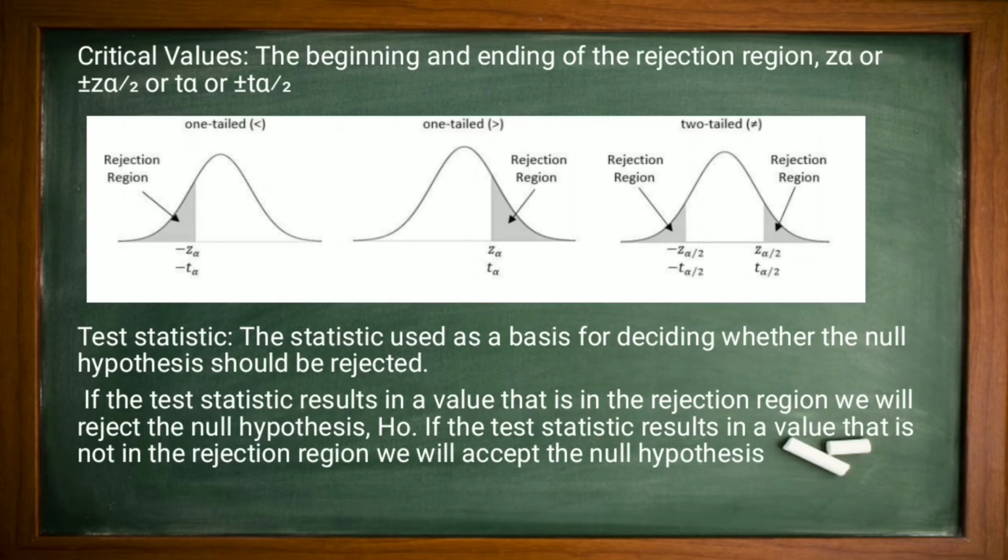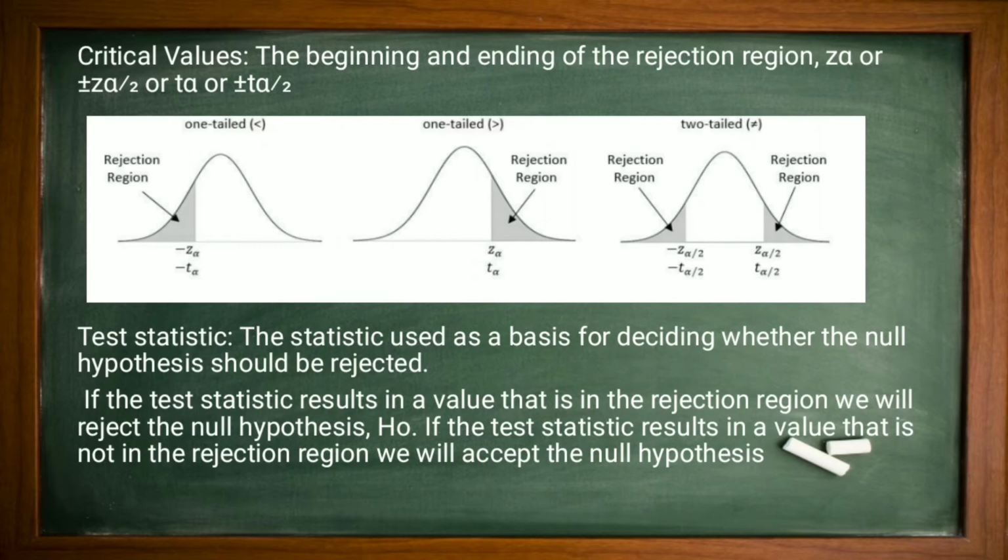Okay, so we have here the test statistic. The test statistic is used as a basis for deciding whether the null hypothesis should be rejected or not. So that is what I said earlier, that we have possible outcomes. If the test statistic results in a value that is in the rejection region, we will reject the null hypothesis.